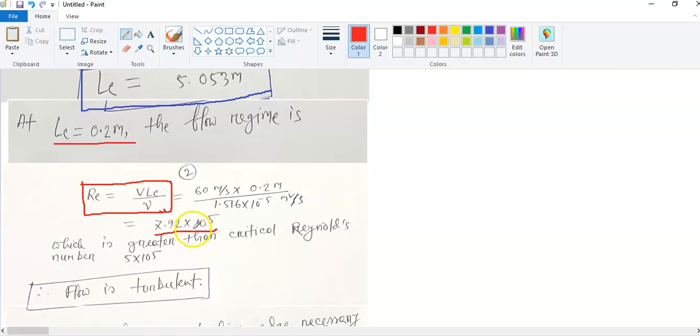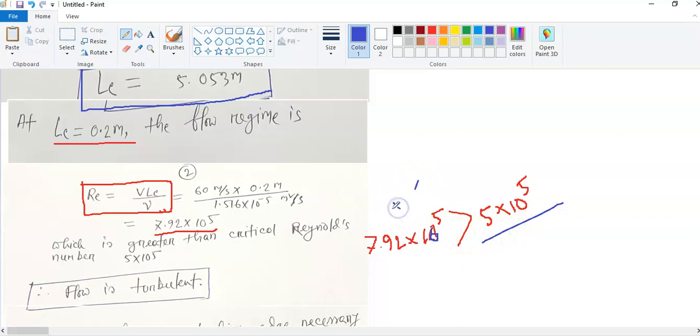So this is 7.92 times 10 to the power 5, which is definitely greater than the critical Reynolds number, isn't it? This is greater than 5 times 10 to the power 5, which was the critical Reynolds number, and our calculated Reynolds number at 0.2 meter from the leading edge is greater than this critical Reynolds number.